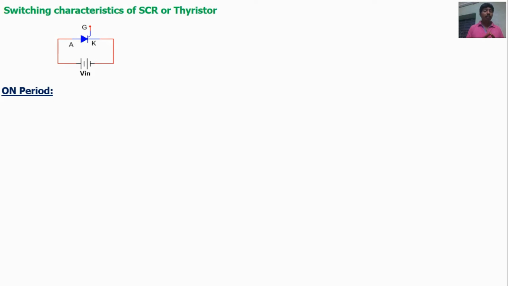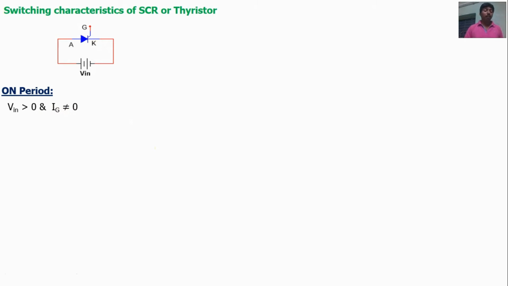during on state we may find whether it is unidirectional or bidirectional. We will check. During the on period, when the SCR will be on, the condition is Vin should be greater than 0 like a diode. Additionally, gate current should be positive. This is the condition. Vin should be greater than 0 as well as Ig, a gate pulse should be applied. Then only will the SCR conduct.